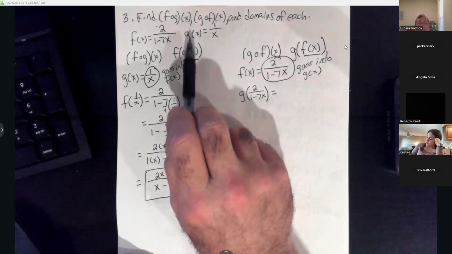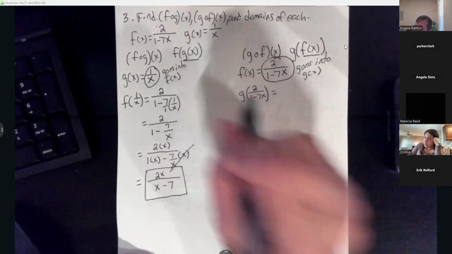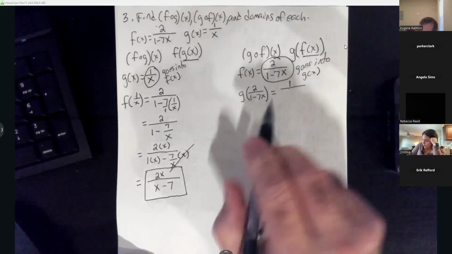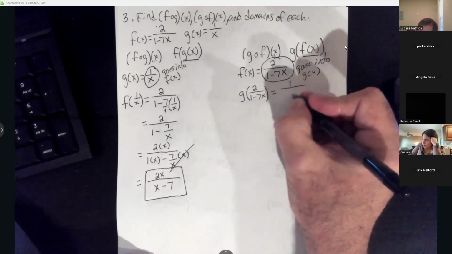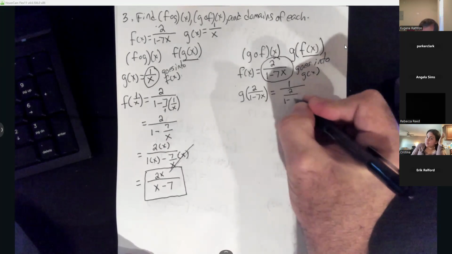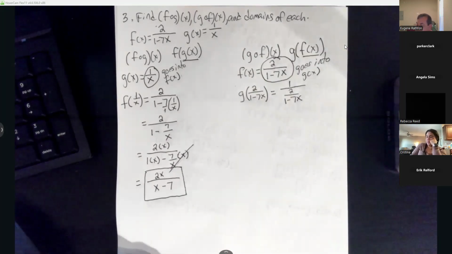All right, so here's my G function, 1 divided by x. So that's going to be 1 divided by, and y'all, my x is the 2 divided by 1 minus 7x.